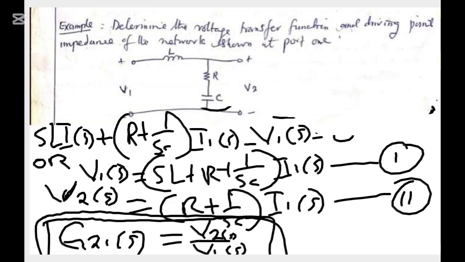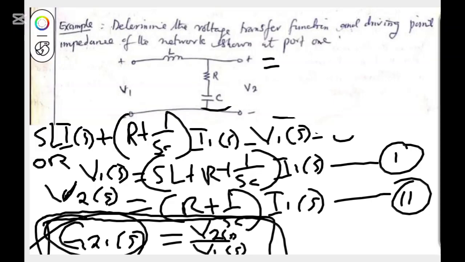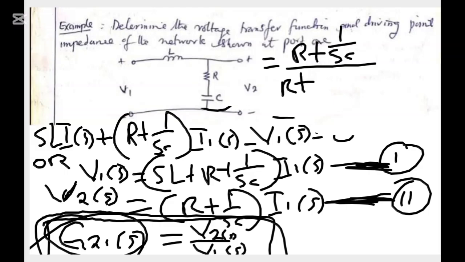So I have to delete this. The next thing I'm going to do is say G21 is the same thing as V2. This is the value of V2, which is R plus 1 over SC, divided by V1. This V1 is now the sum of R and SL plus 1 over SC.